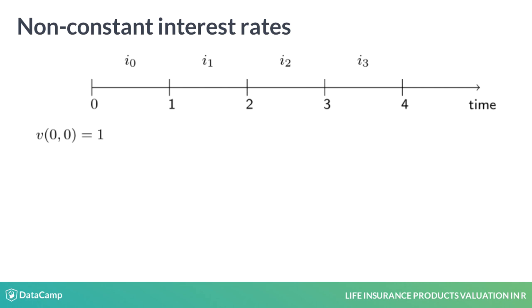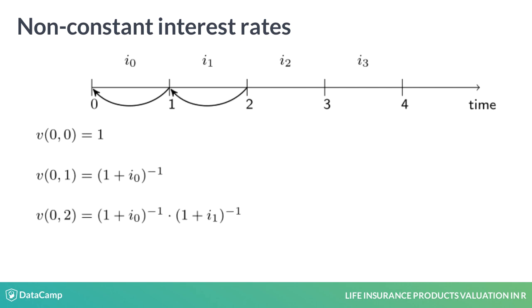€1 at time 0 is worth €1 at time 0. Thus, V00 should be 1. €1 at time 1 becomes 1 over 1 plus I0 at time 0.